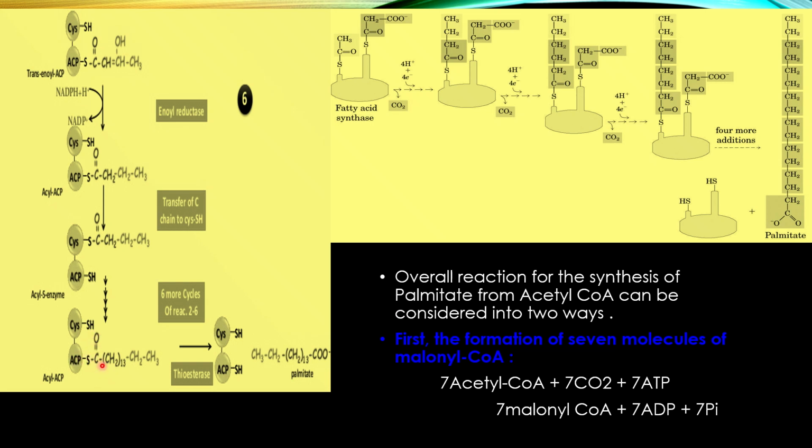So this sulfur carbon bond is broken with the help of this thioesterase. So free fatty acid, palmitic acid is now freed. And this enzyme is also freed, and it is now all set to accept another acetyl coenzyme A and malonyl coenzyme A to add on it, and further it can repeat the cycle and resynthesize a fatty acid chain.